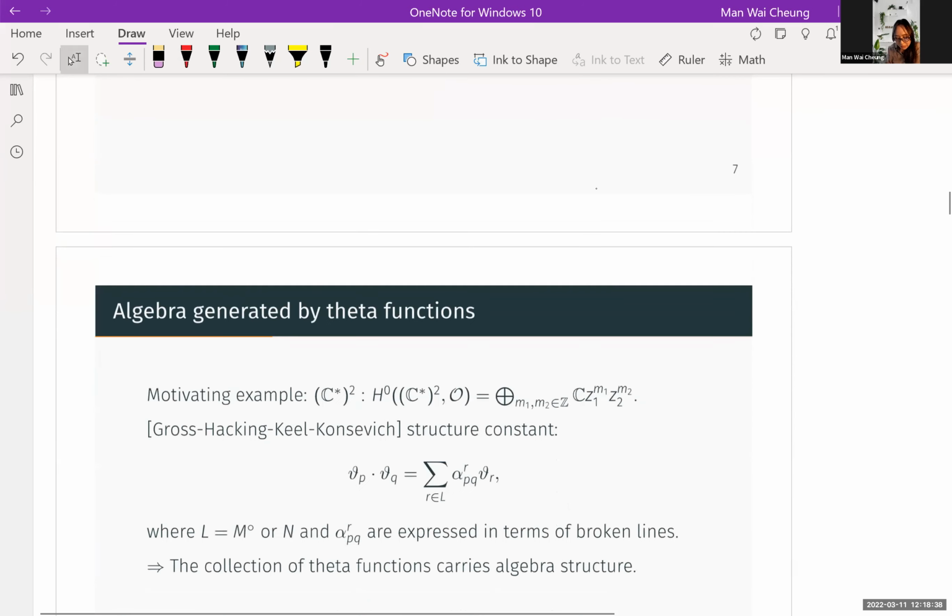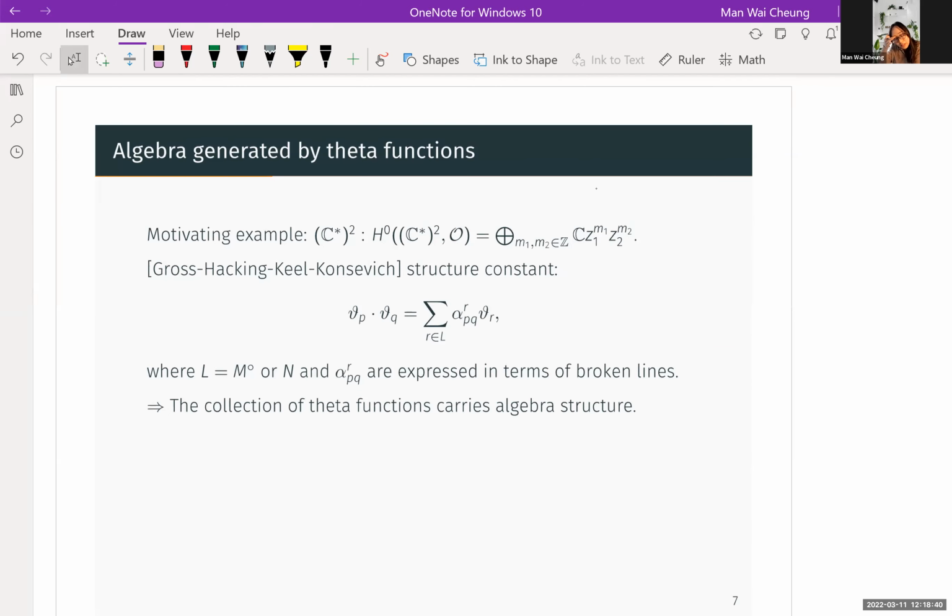And that also works in the cluster world, where Gross-Hacking-Keel show that when we multiply two theta functions, we can express the product as a linear combination of other theta functions, where the structure constants can be expressed in terms of broken lines.